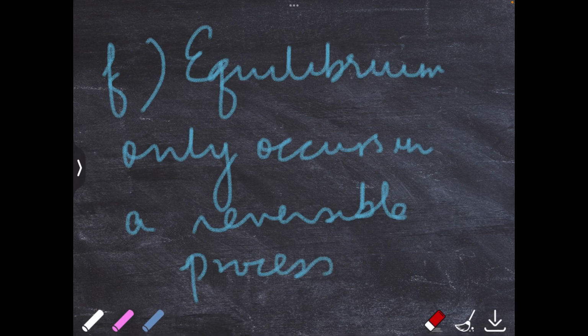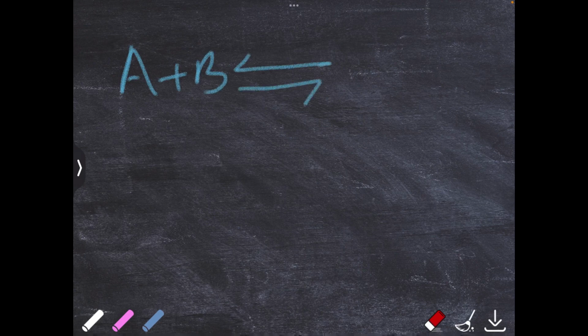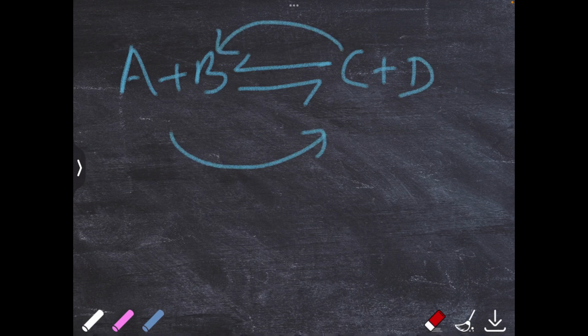For example, A plus B is reacting to give you C plus D. For the occurrence of equilibrium, there has to be a forward reaction and there has to be a backward reaction. And when the rates of these reactions become equal, equilibrium arrives. So the process has to be reversible in nature.